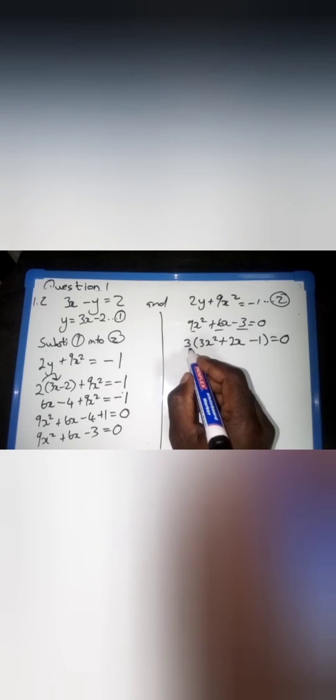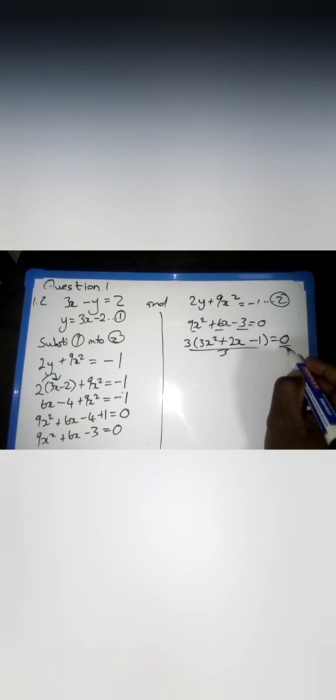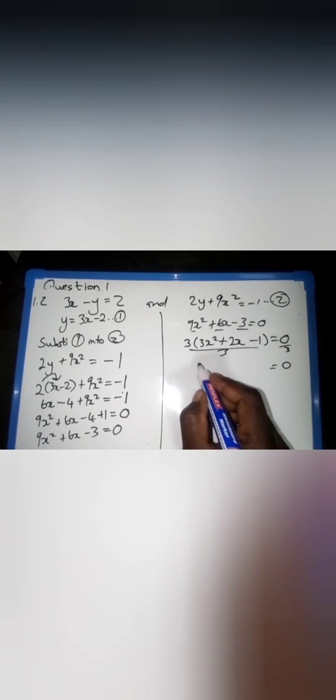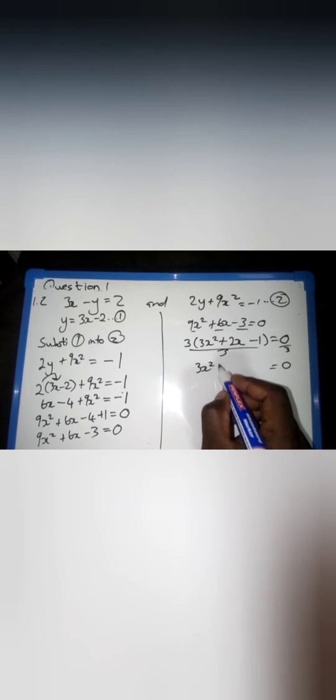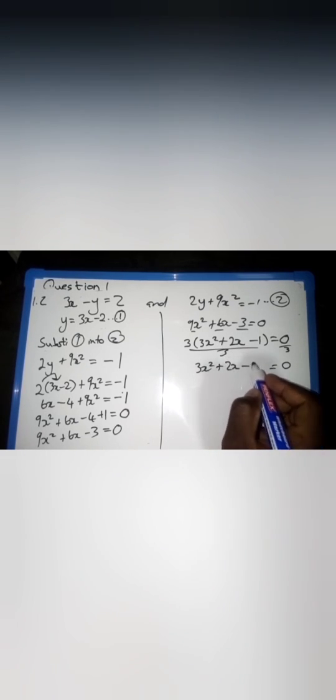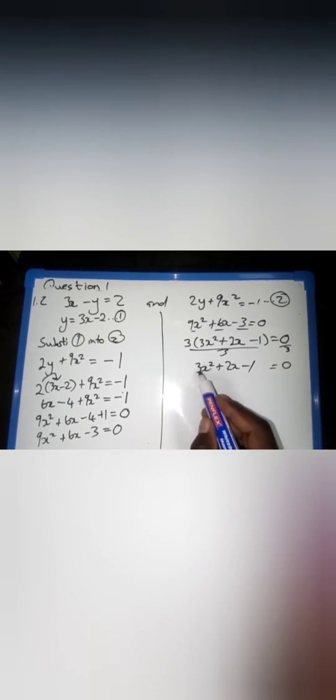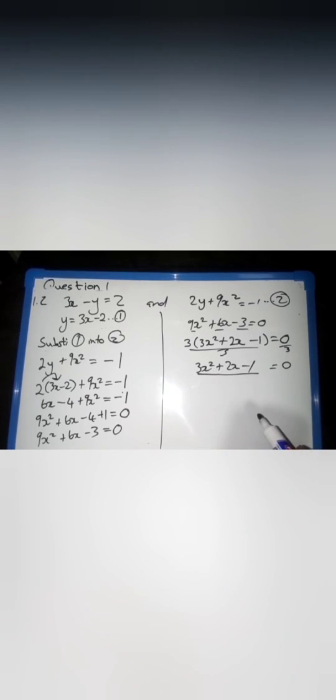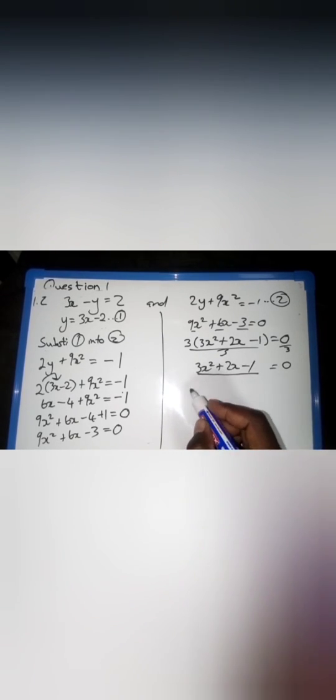Divide both sides by 3. Have 0 this side and have 3x squared plus 2x minus 1 here. Factorize this. You can use your calculator to factorize it, or quadratic formula, those are options. So I have to factorize this.